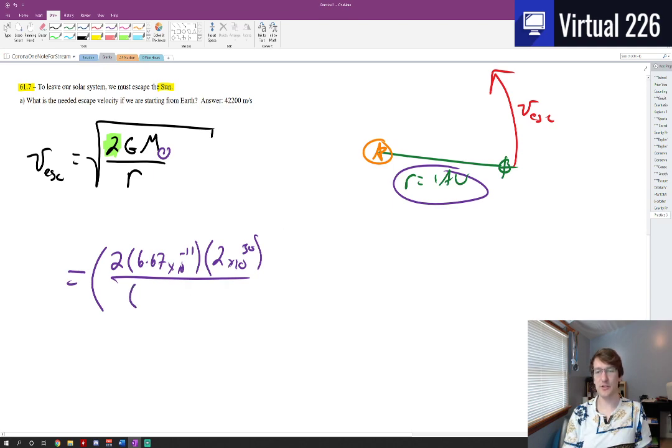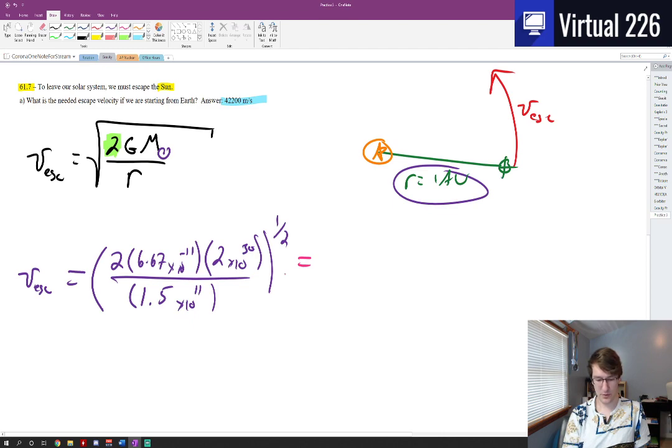In meters, that's the distance between the sun and the Earth, about 1.5 times 10 to the 11th meters. And all of this is to the 1/2 power, and that's where I get my square root. So at this point, this is our escape velocity. We should, when we plug it into our calculators, get an answer of 42,200 meters per second, give or take a little bit. So let's chug this all in and see what we get.